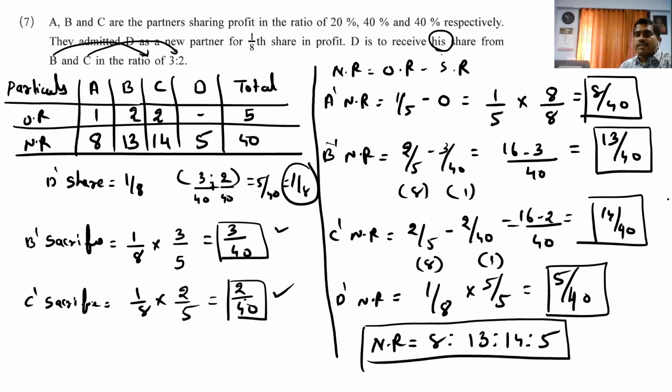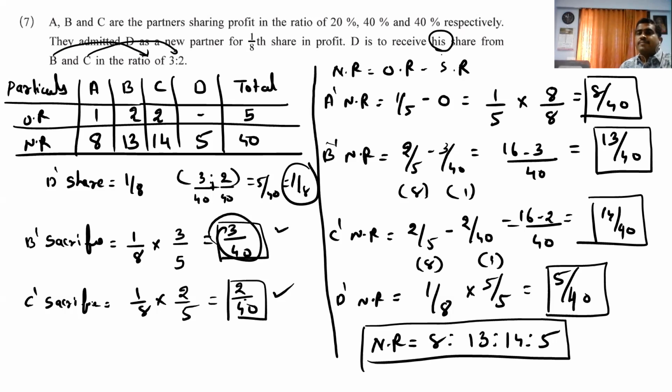He is not sacrificing anything. That is 0. 1/5. B's new ratio, 2/5 minus sacrifice of B, this one, 3/40. Cross LCM we have taken 8. The 2 8s are 16 minus 3, 13/40.